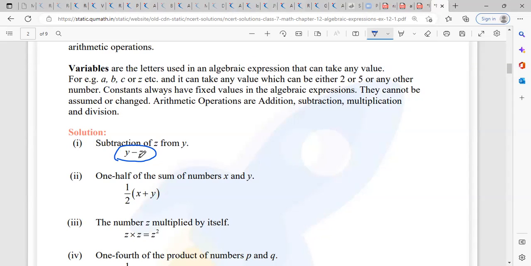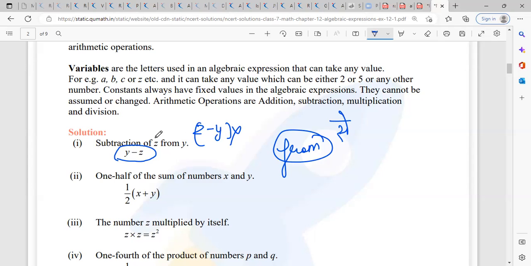The word "from" means you are subtracting it from this. Most students write z minus y, but this is wrong. You have to subtract z from y, right?